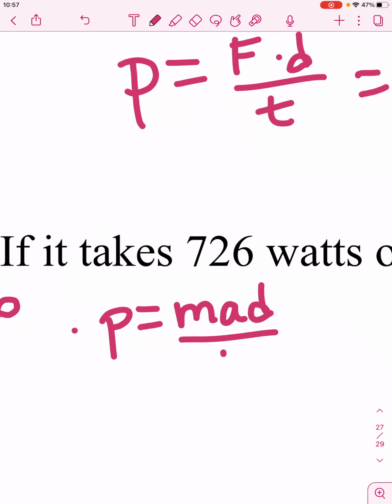So again, I want to get rid of my T on the bottom. That'll cancel times T over here. So right now I have T times P equals MAD.